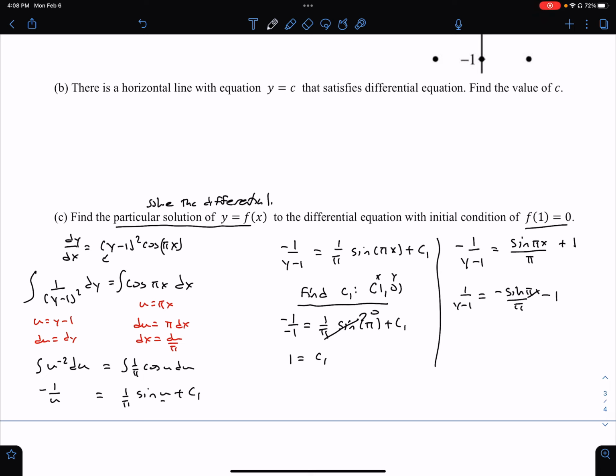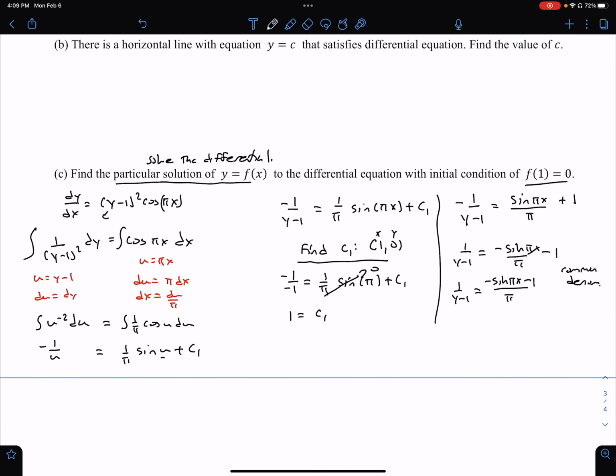Next, I have to get a common denominator. So I'm going to get 1 over y minus 1 equals, on the right side the common denominator is just pi, which gives me negative sine pi x minus pi, all over pi. And now I can flip them. That's going to give me y minus 1 equals pi over negative sine pi x minus 1.